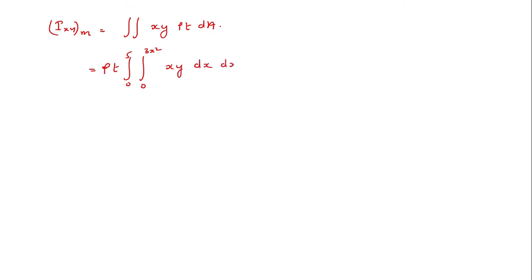Similarly, the product of inertia will be equal to integral of xy into rho t into dA, 0 to 5, 0 to 3x square, I think I'll write rho t here, multiplied by xy into dx into dy, which is equal to rho t into 0 to 5.